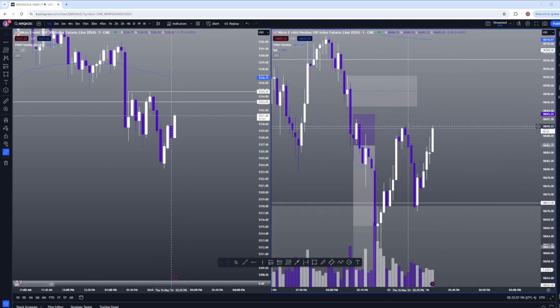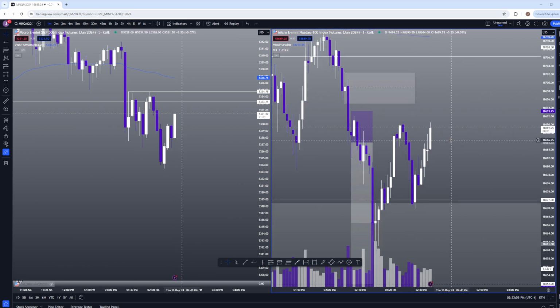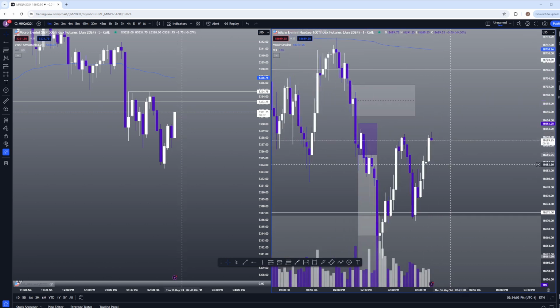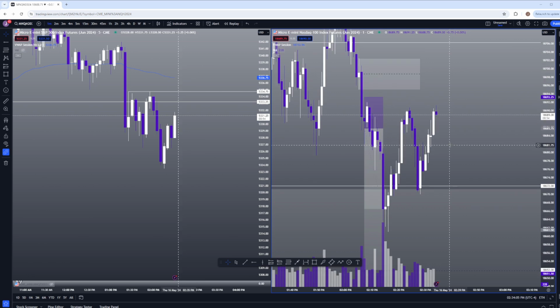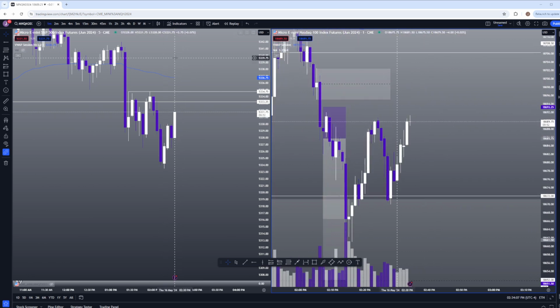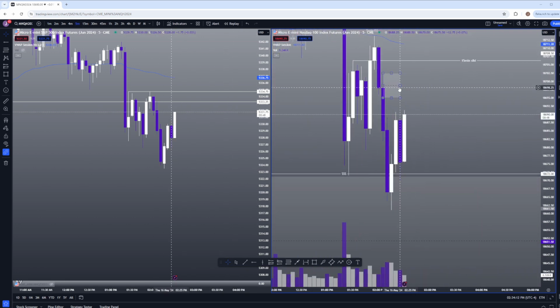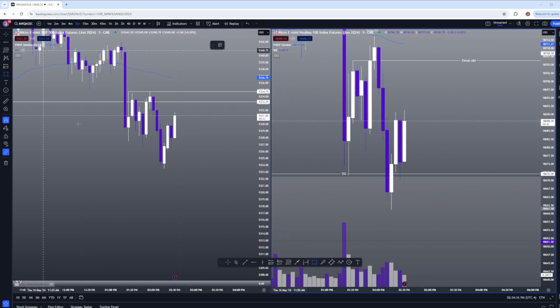Let's see if this 1 minute wants to displace the high here. No displacement yet. We're just ranging up and down, waiting for a nice displacement. We're back in that 5 minute bearish fair value gap here.